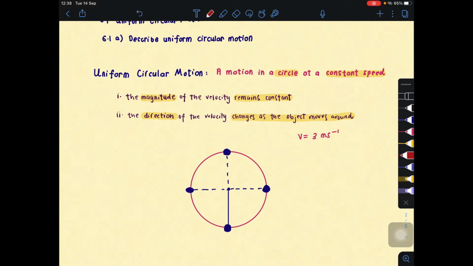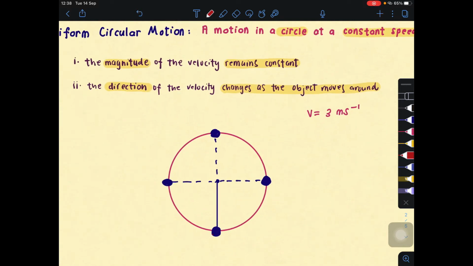Okay, so initially this ball is moving with 3 meter per second. Kita tahu kalau dekat point ni, it will tend to move towards this direction.